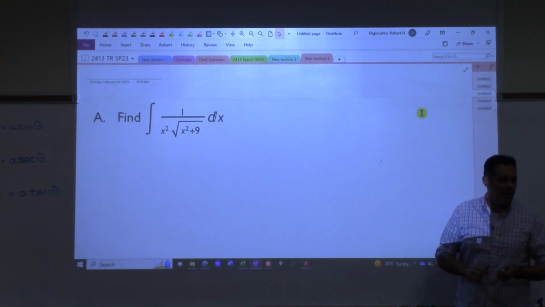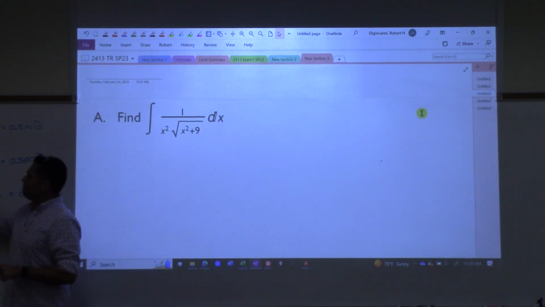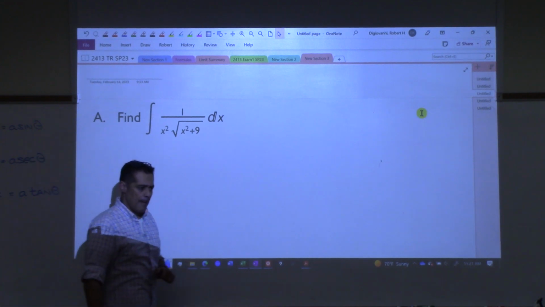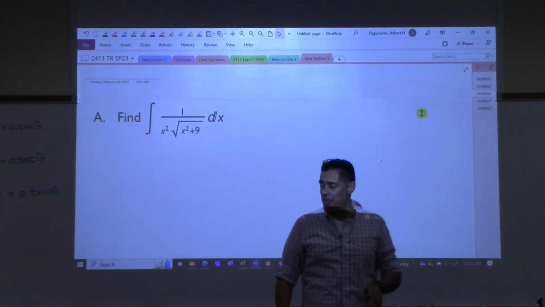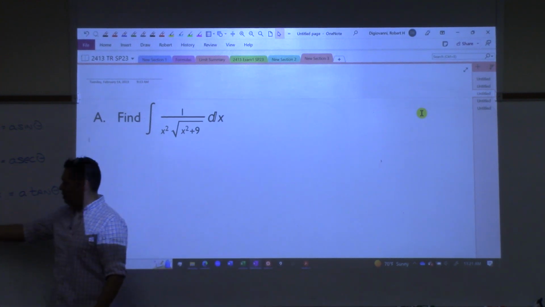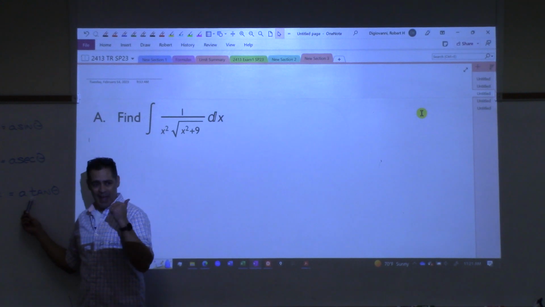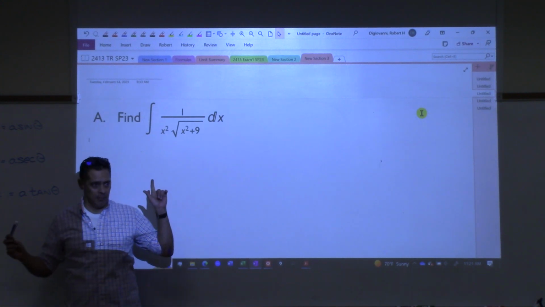All right, so I look at that and I say, which of these three does that look like? First, second, or third? Third one, right? With a being what? 3, right? Do you all see that? We've got x squared plus a number squared. Here, we're going to use this trig sub with a being 3. Everyone see it?